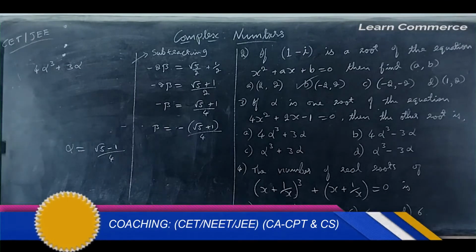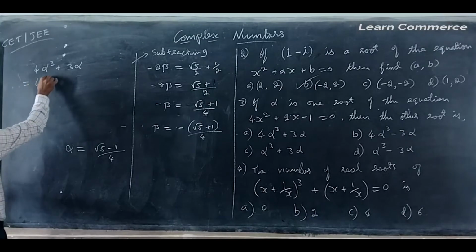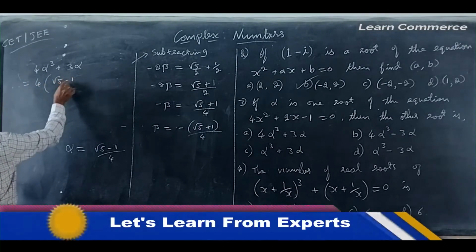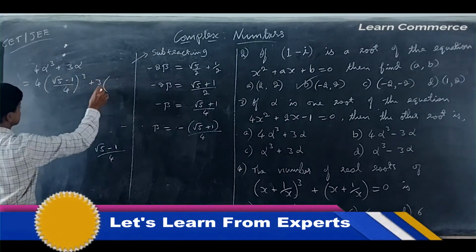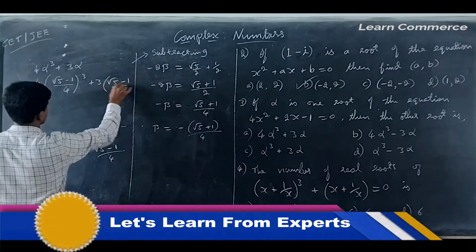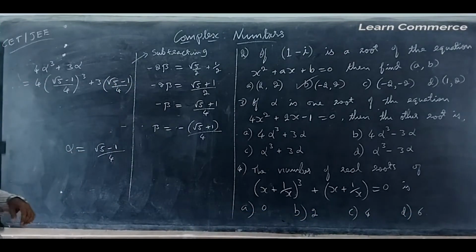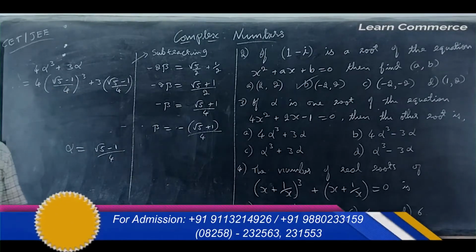Well, now what do I need to do? Substitute alpha. So 4 and then root 5 minus 1 divided by 4 the whole cube plus 3 into root 5 minus 1 divided by 4. Okay, so what I can do, see, this is the same quantity, so I can take that common.